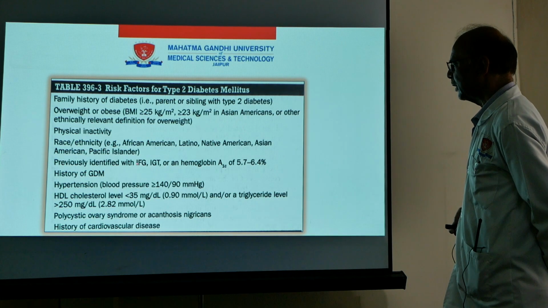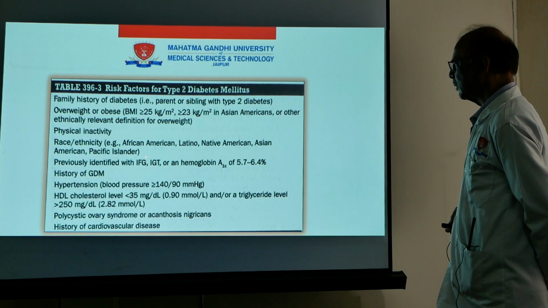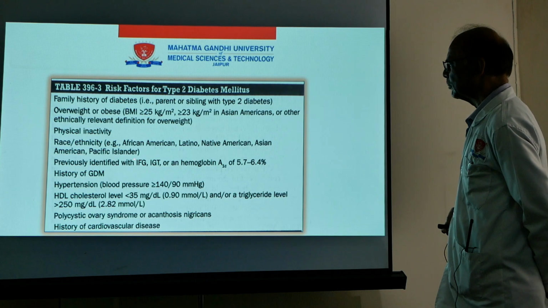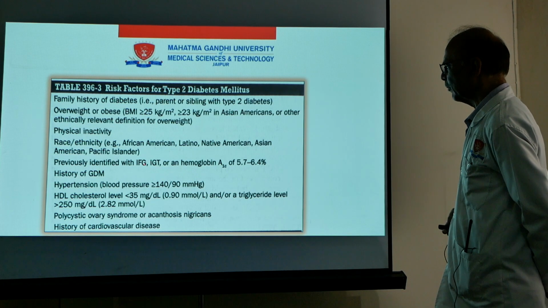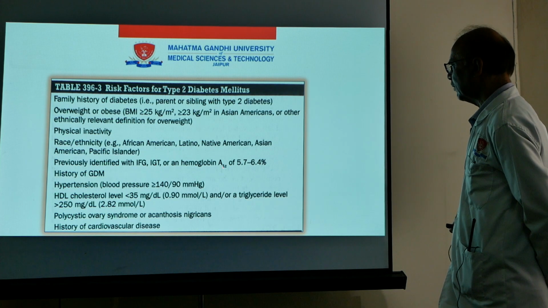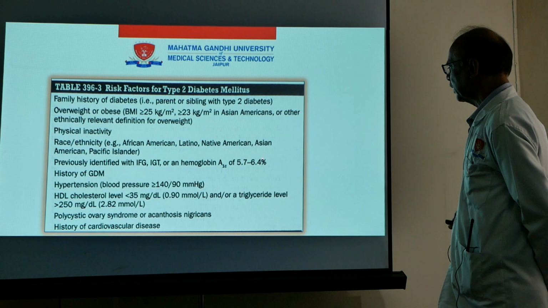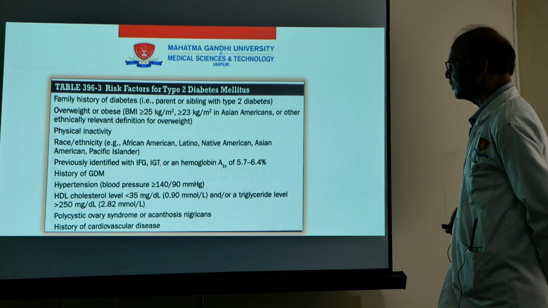Previously identified intolerance of fasting glucose, impaired fasting glucose or impaired glucose tolerance, or if hemoglobin A1C is 5.7 to 6.4%, then the chances of developing diabetes in such patients are more.